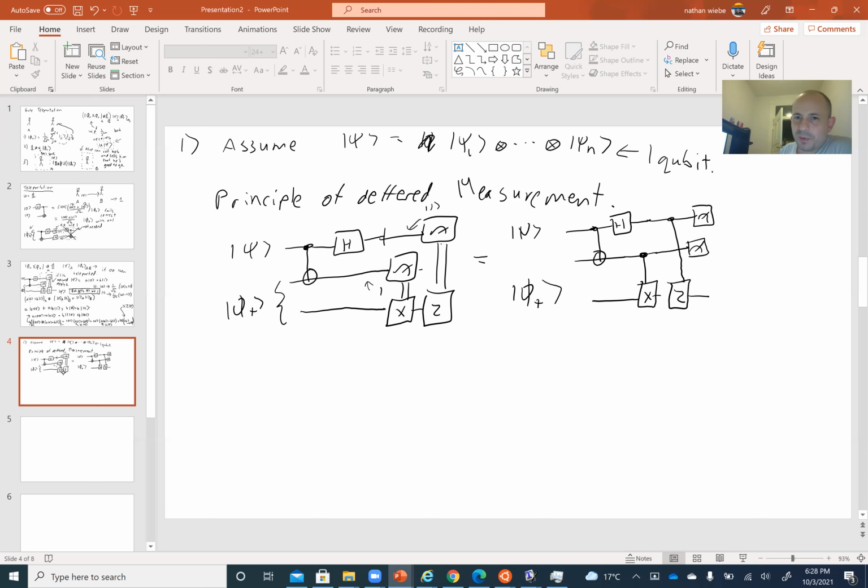And the reason why I say exponentially is because for every qubit that we want to be able to teleport, there's 4 specific measurements. So the total number of measurement outcomes that we could get for this would be 4 to the n. Okay, cool.